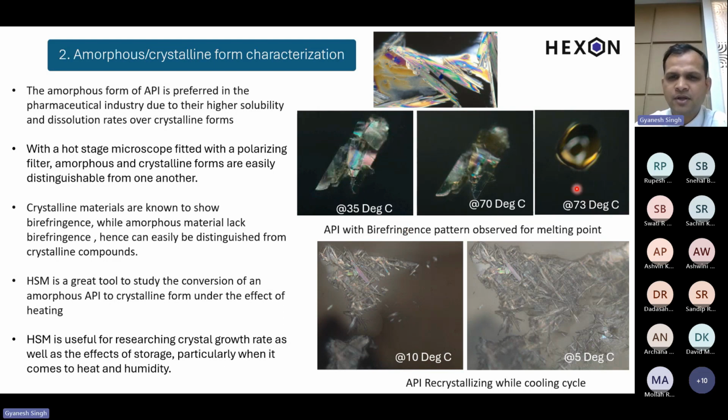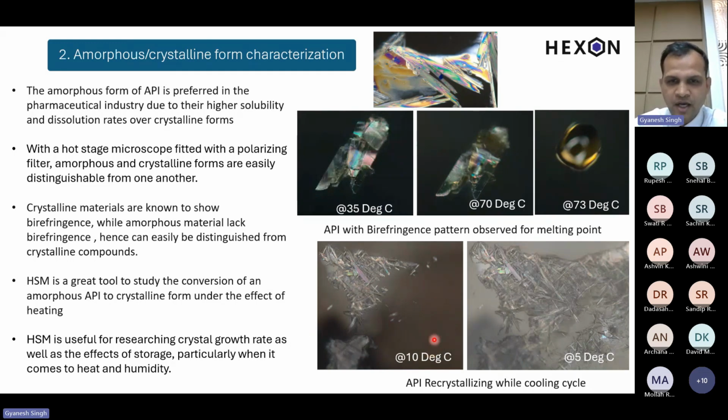If you see this sample at 35, we can see the birefringence pattern, at 70 we can see the softening point of it, and at 73 you can see that the entire sample is liquefied. After this point, if we cool it, will it crystallize, and if it does, will it have the same form, or will it not crystallize? This is where we understand the amorphous and crystalline form of a sample.